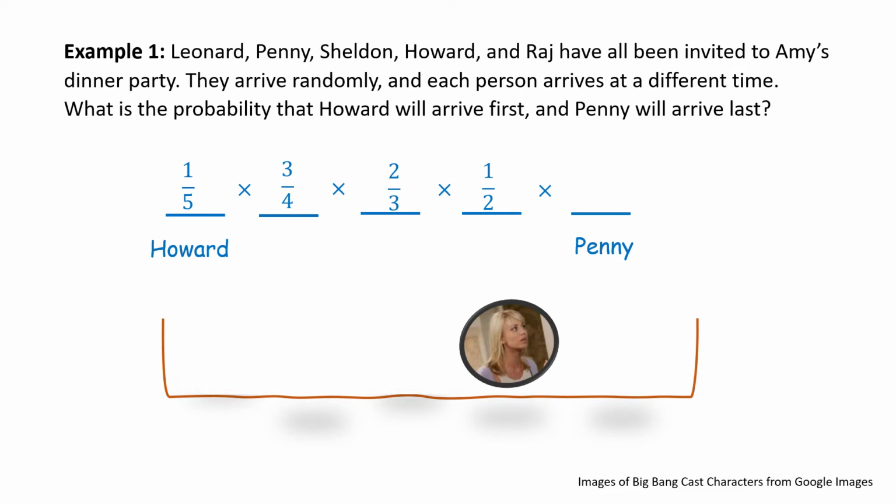All that's remaining now is Penny. And so for the last position, there is a 100% chance that the arrival is going to be Penny. Continuing, we multiply across, and the probability is 6/120, and we could reduce that to 1/20.